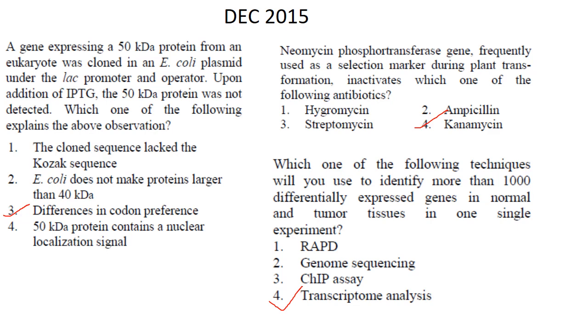So here a gene which produces a 50 kDa protein was cloned in an E. coli plasmid under the control of a lac promoter and an operator, and IPTG was added to it.